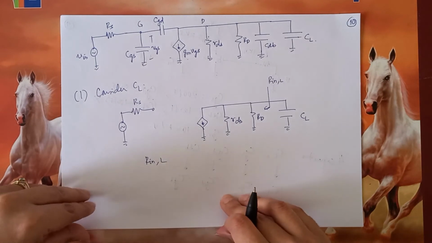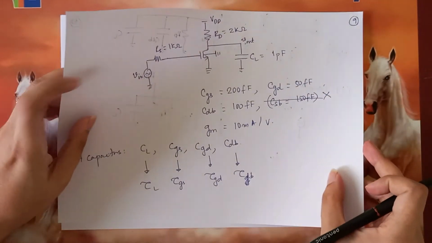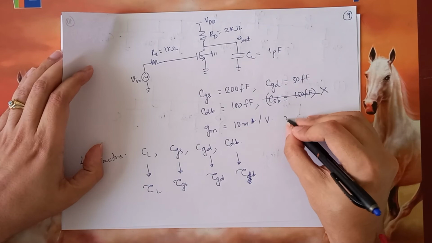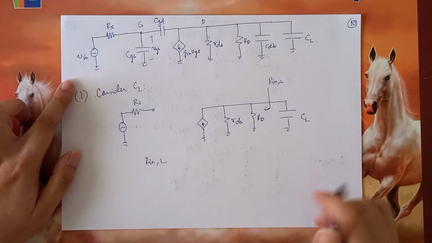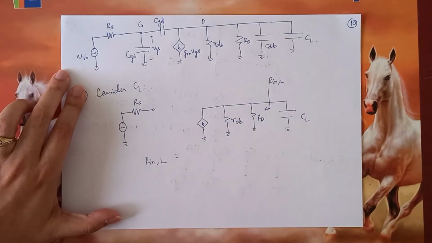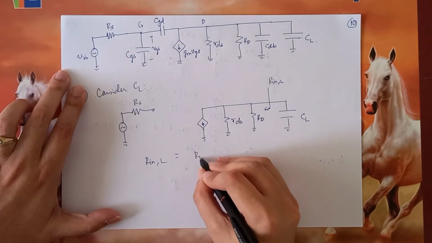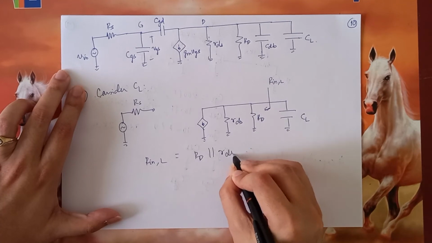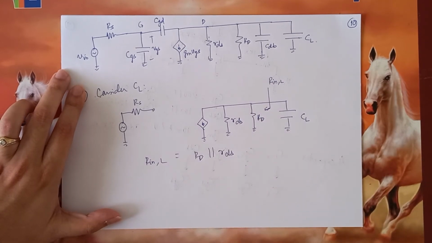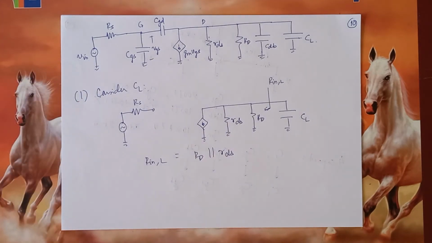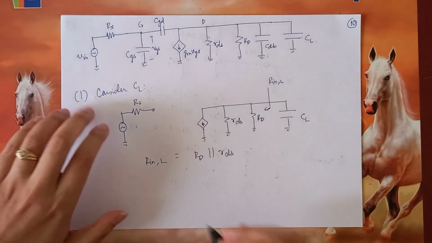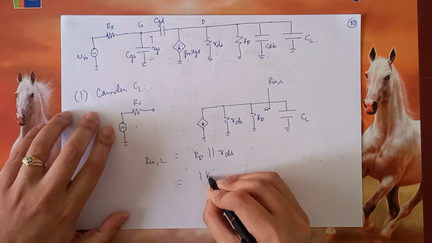I just forgot to mention in the specification, it's also given that RDS is 2 kilo ohms. So Rin seen by CL is nothing but RD parallel to RDS. So we know that RD is 2 kilo ohms and RDS is also 2 kilo ohms. So therefore this is nothing but 1 kilo ohm.